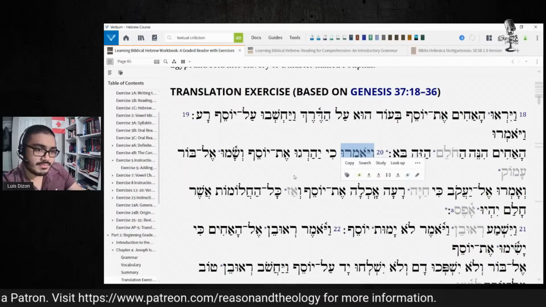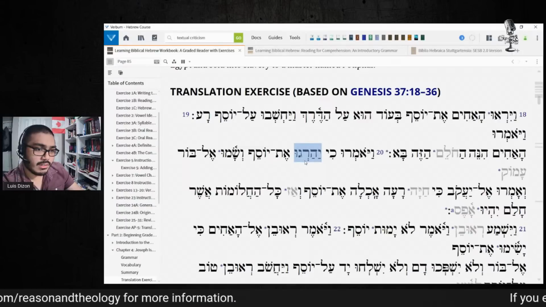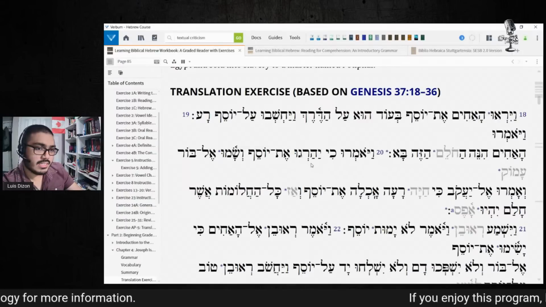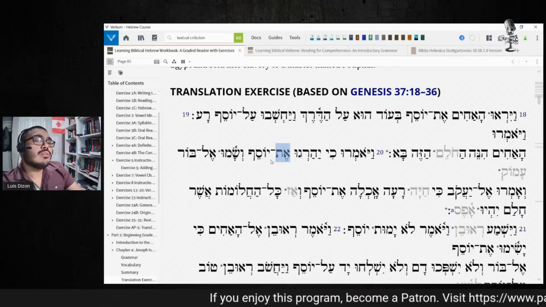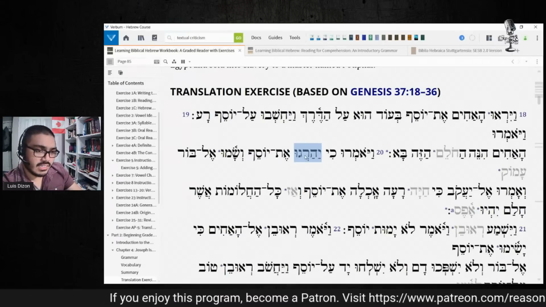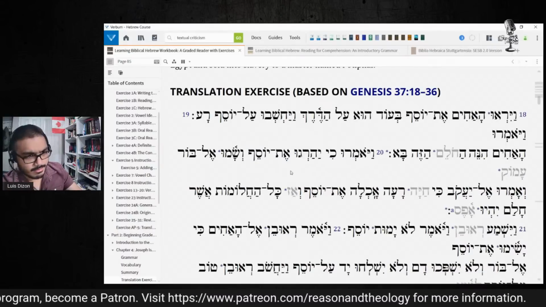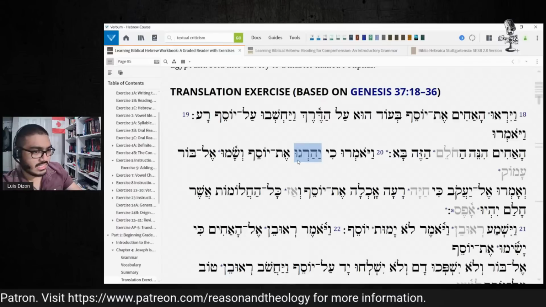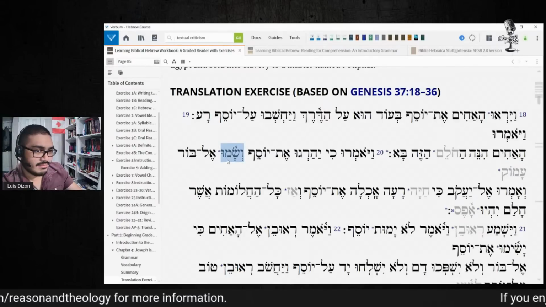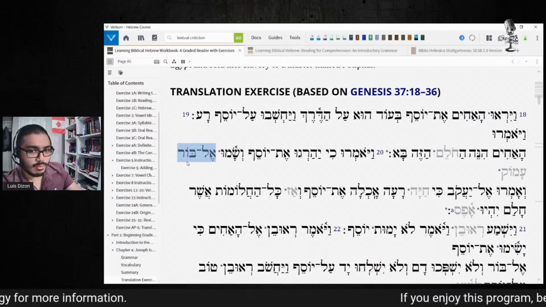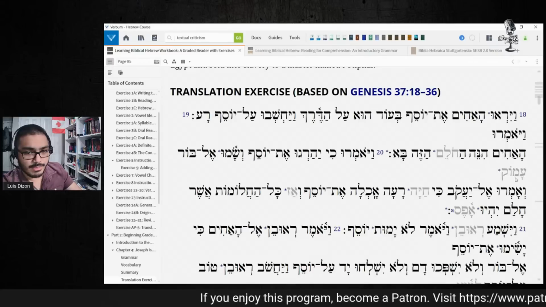And they said, for yahargu, it's like they want to kill et Yosef, kill Joseph. This is sort of an imperative form, but really it's like, let's kill Joseph and place him into the well, the deep well. Amok means deep.